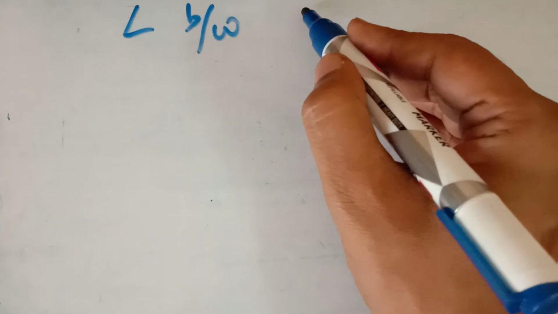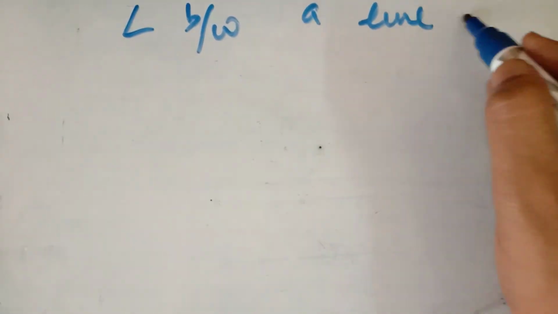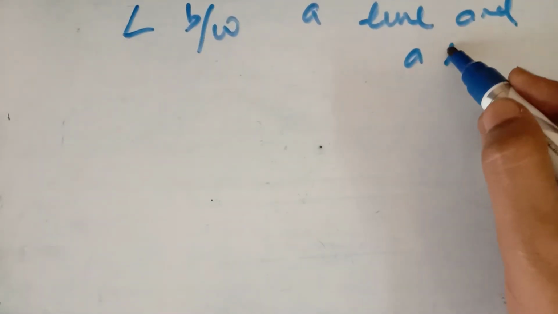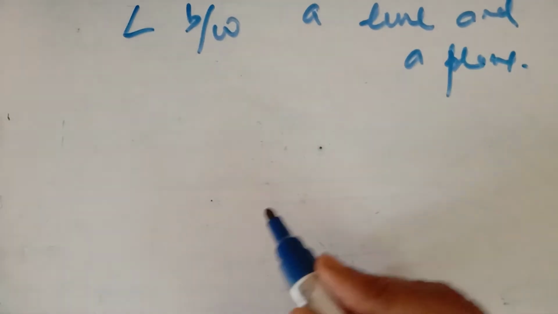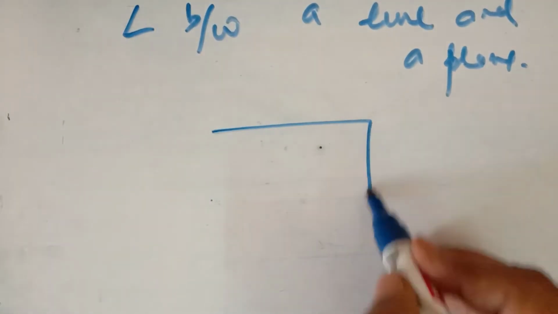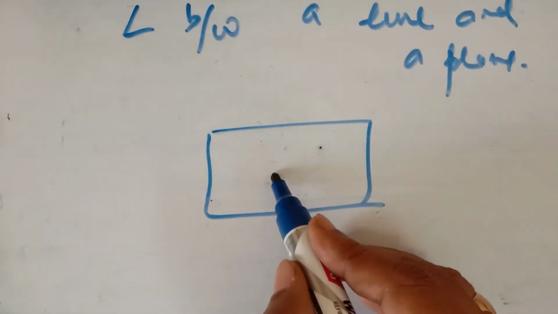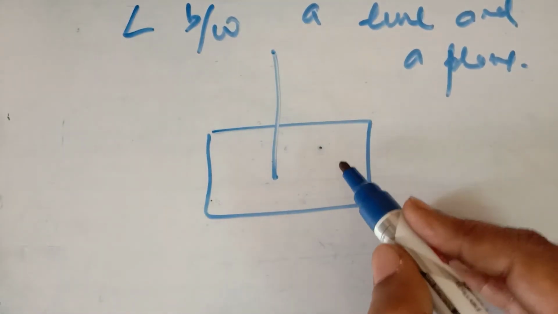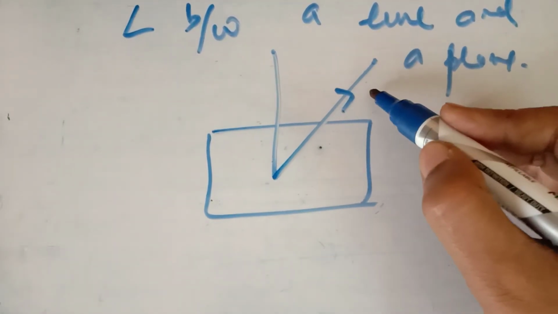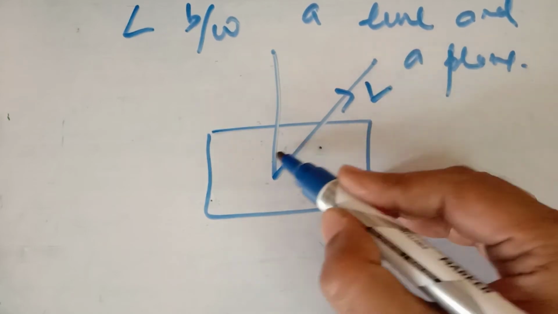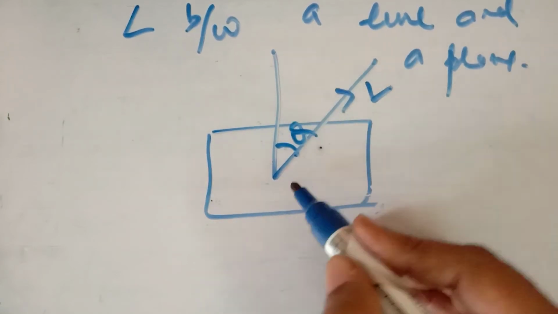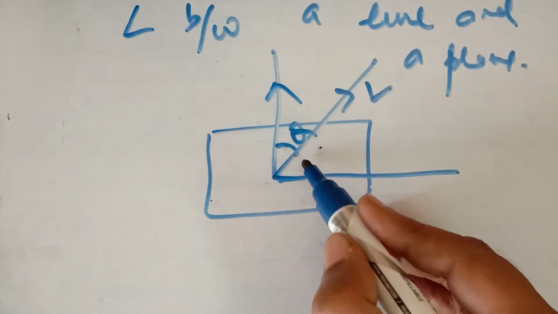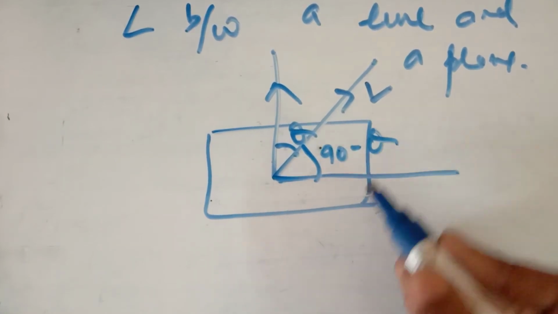After that you have to find the angle between a line and a plane. Let us take a plane whose normal is this, and there is a line, let us say L, and this is the angle between these two, and this is the normal vector, and this angle will be 90 minus theta.